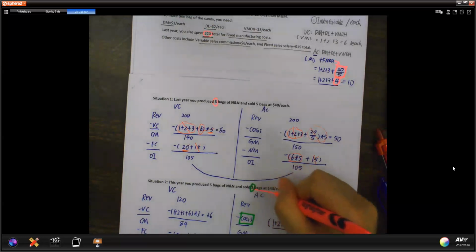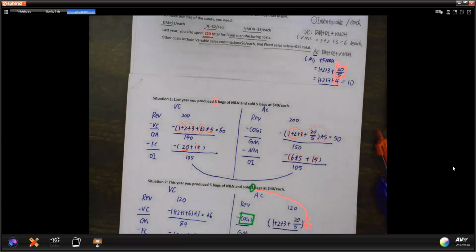Now we cannot times 5. In the first situation you sold 5, so you timed 5. This time you only sold 3, so your cost of goods sold will only times 3. That gives you $30.